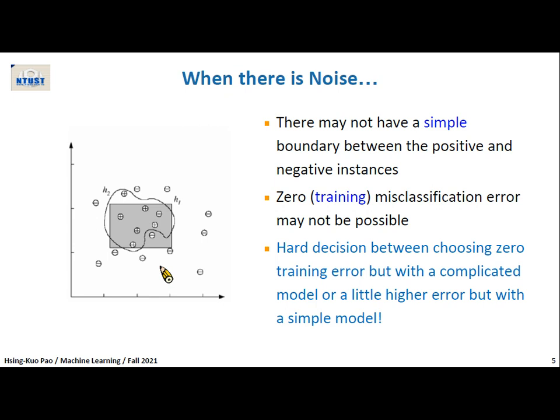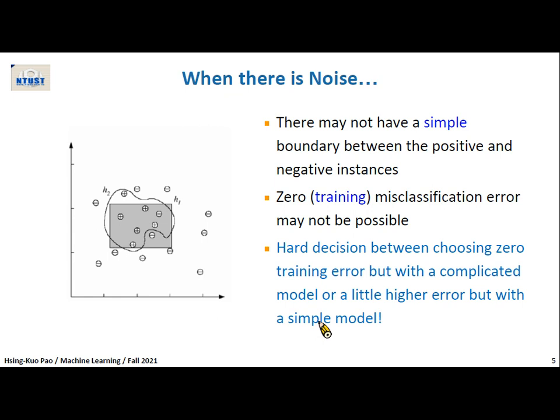Okay, so the quote is a hard decision, right? It's a hard decision between choosing zero training error but with a complicated model, or a little higher error but with a simple model, right? Even for professionals, they don't exactly know what to choose in general.